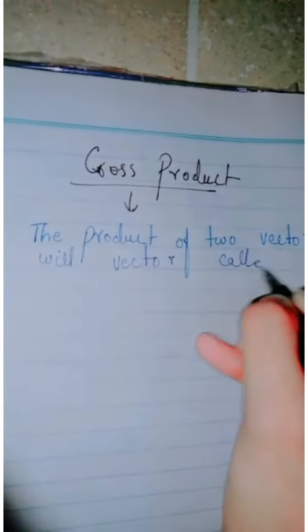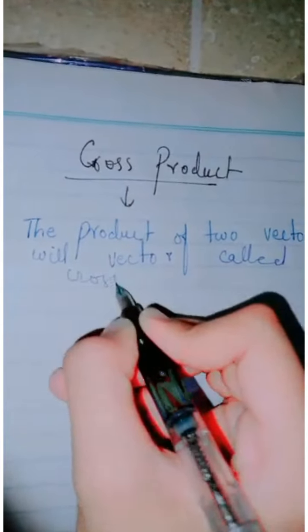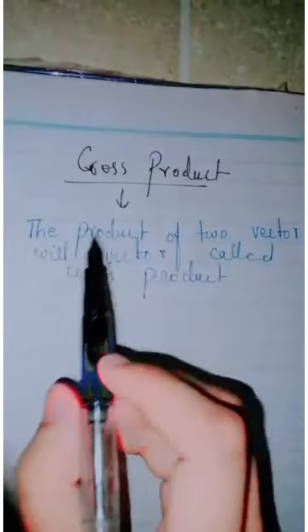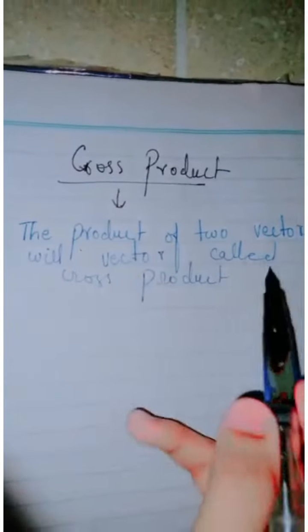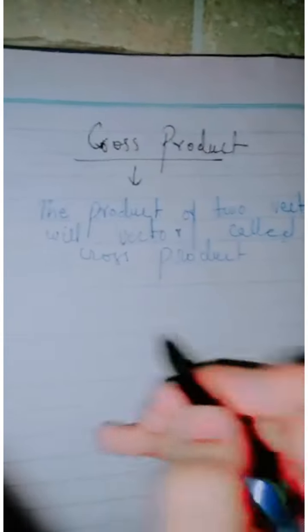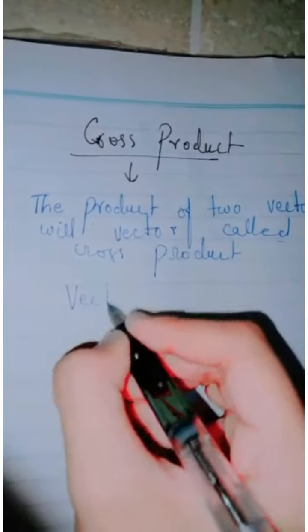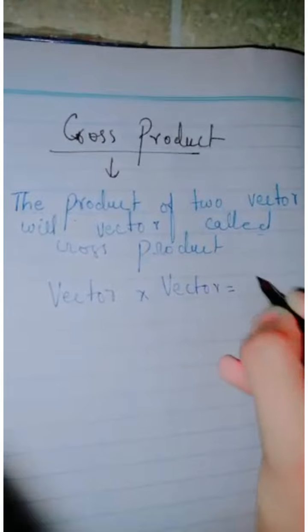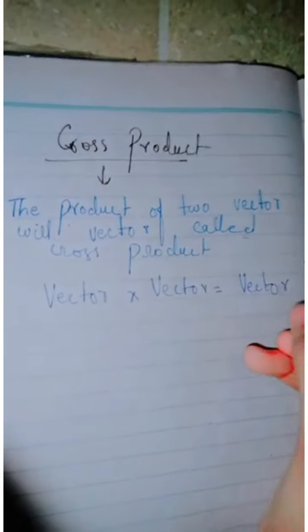That is called a cross product. In dot product, the product of two vector was scalar, but in cross product, the product of two vector will be vector. Vector into vector will be again vector.